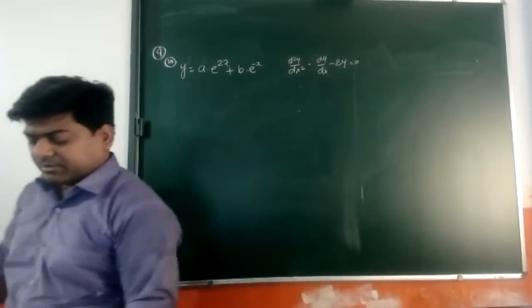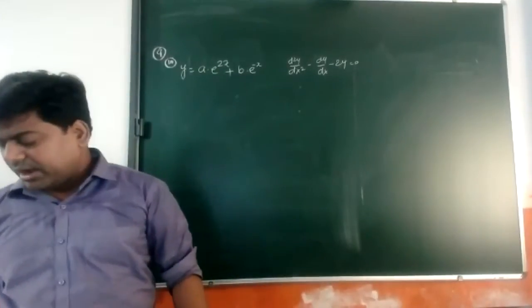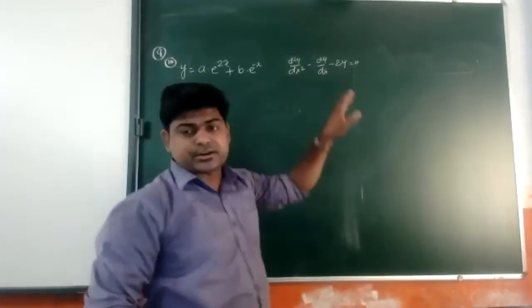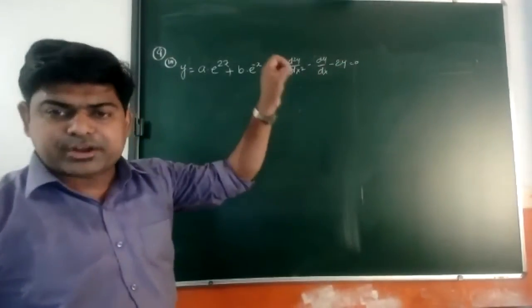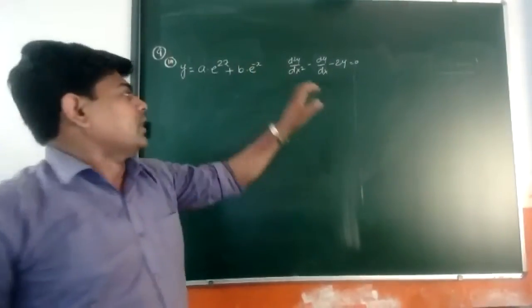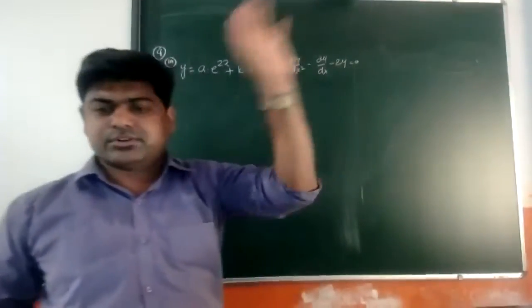Once again, I am repeating myself. If you are doing this question and you are not able to get this value directly, no problem. We can find the value of dy by dx, we can find the value of d2y by dx square, and y is already given. We can substitute here and we will get our result.